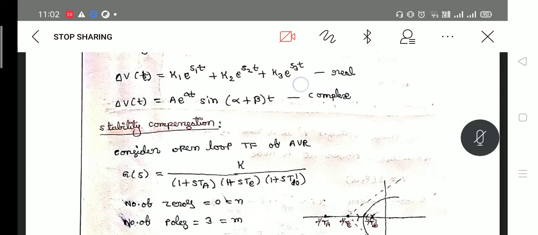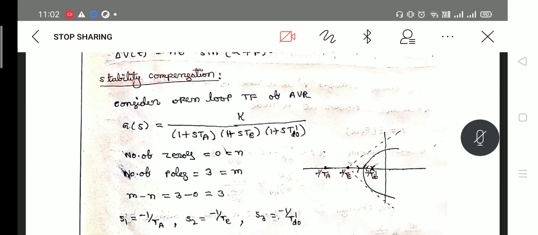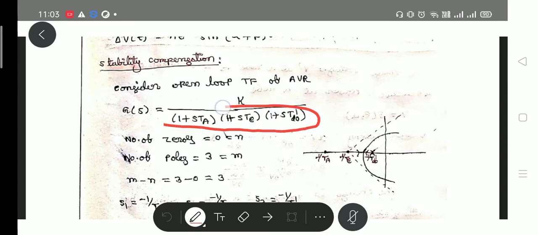From this we can find the stability compensation by using the root locus. You know the root locus from control systems. By using that topic we can find the stability of this system. Here the denominator terms are poles and the numerator terms are zeros, right?